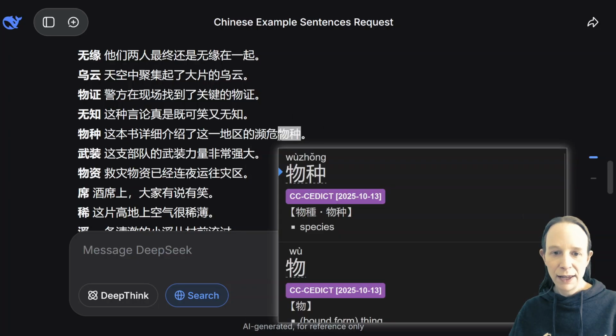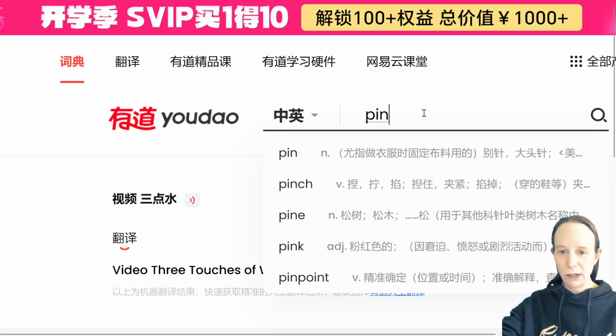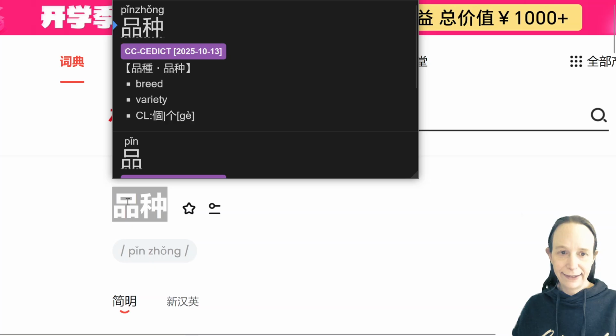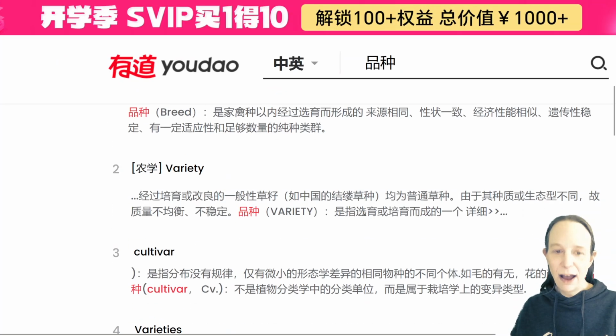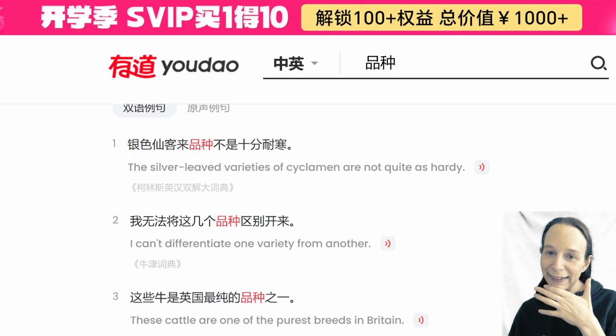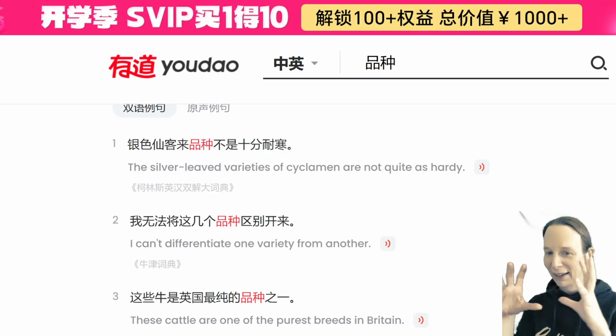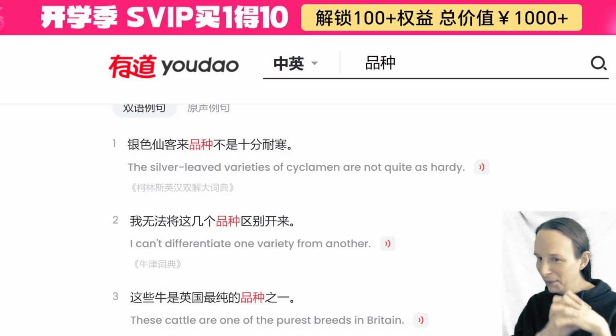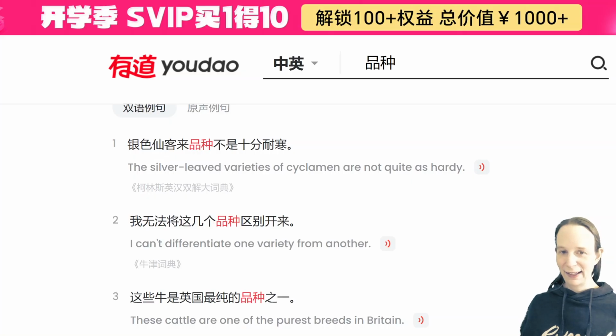So 物种, and the other one is 品种. What's the difference? Breed, variety. Oh, so this is like different breeds of dog. They're all the same species, but they're different breeds.